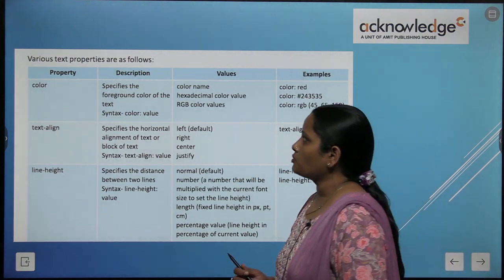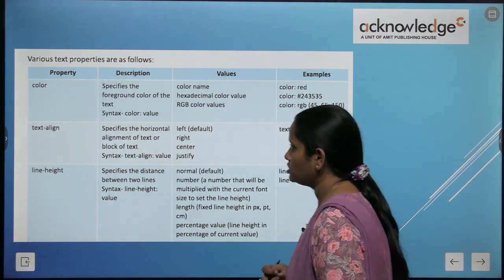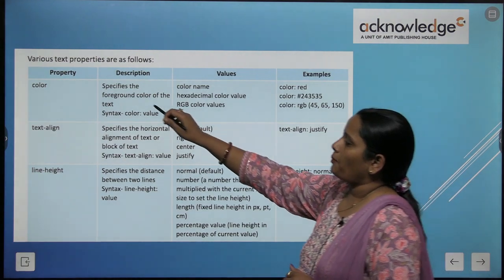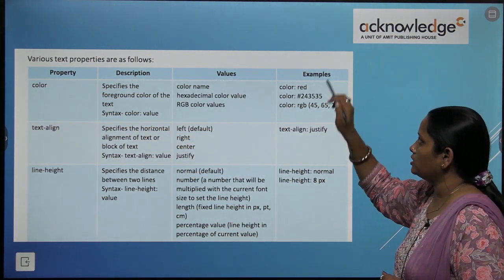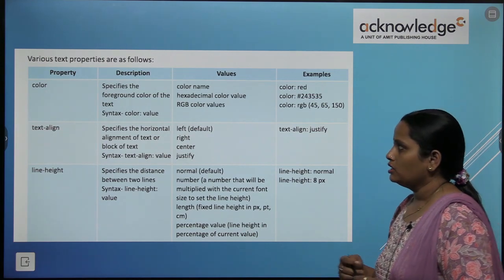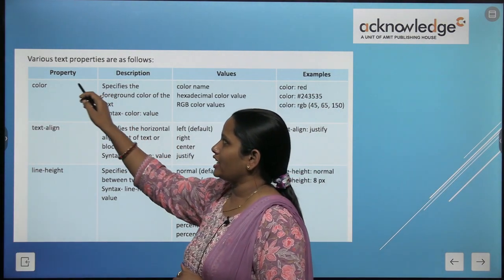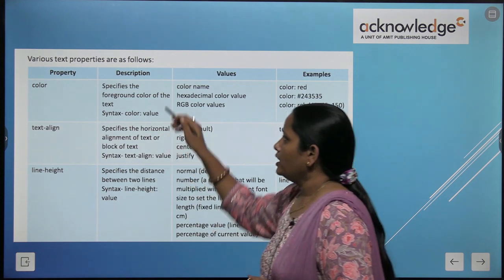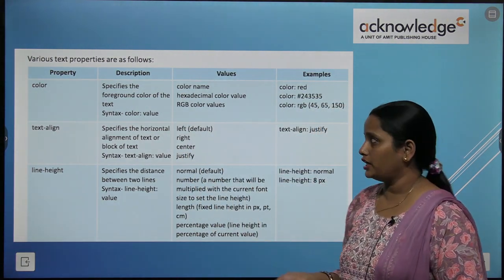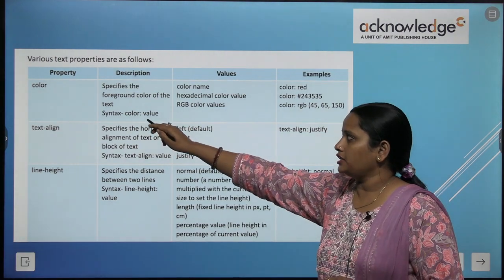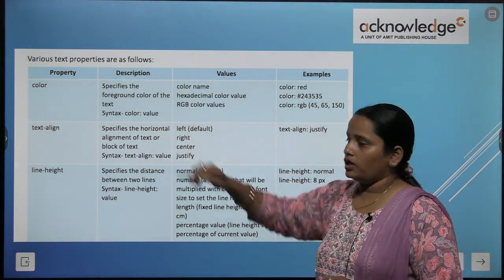So various text properties are as follows. Here the properties are written, then the description is there, their values are here and the examples are given. So first property of the text property is color. Specifies the foreground color of the text. Text का color define करता है and the syntax is color colon value.